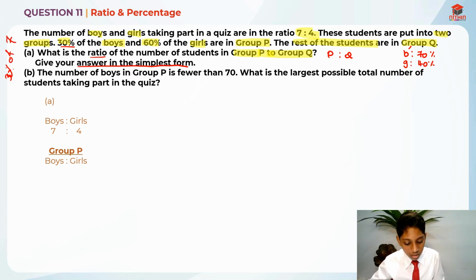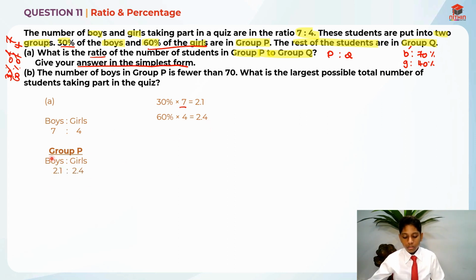And 60% of the girls mean that it is 60% of 4. So basically what I'm going to do is 30% times 7, which will give me 2.1, and 60% times 4, which will give me 2.4. So the ratio of boys is to girls is basically 2.1 is to 2.4.